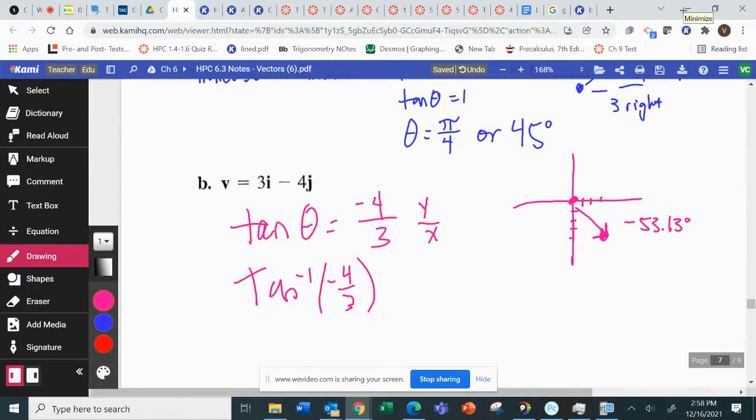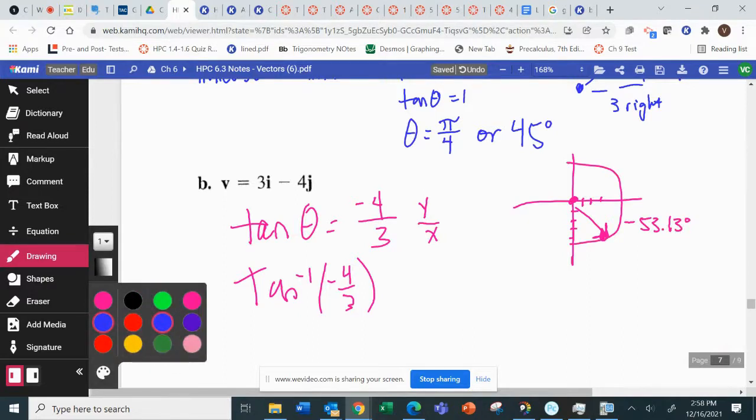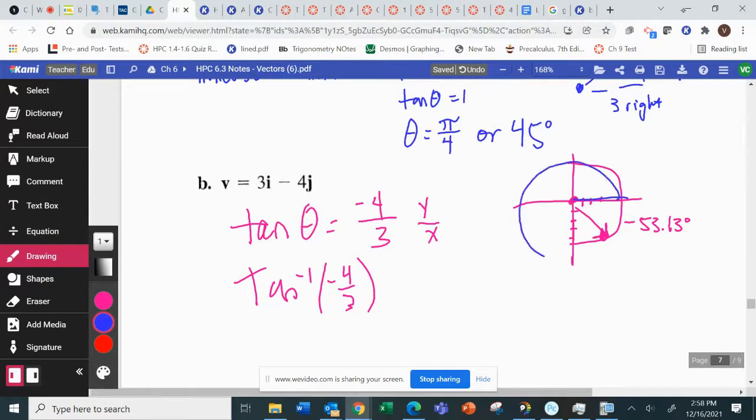That is because of the restrictions that your calculator follows. But with vectors, we start at 0 and we go counterclockwise. So it's not going to be -53.13. With vectors, we start at 0, we go counterclockwise. So what do I do to this number? Add 360, or if it was in the other form, 2 pi.